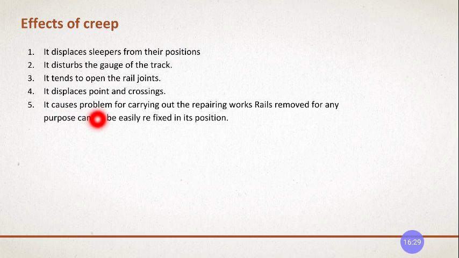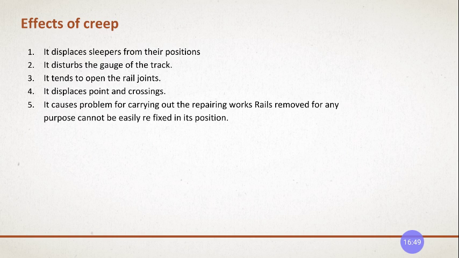It causes a problem for carrying out repair works. Rails removed from their position cannot be easily fixed in position. And when the creep occurs, to bring it back becomes very difficult.